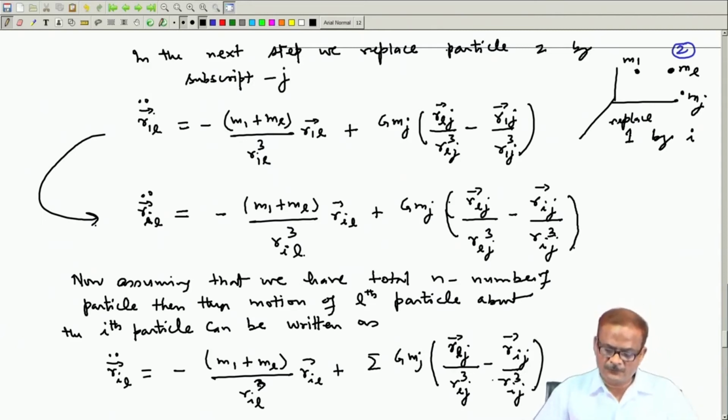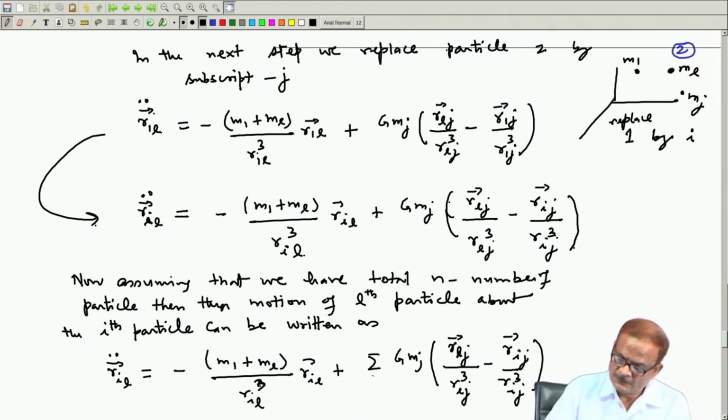the summation, and from where to where, that we have to take care of. So, in this case the summation is extending over this j.